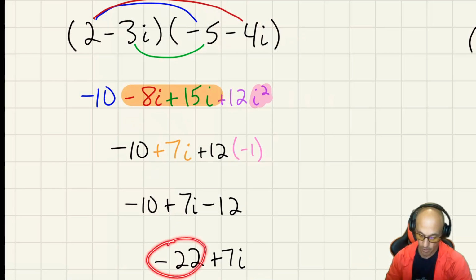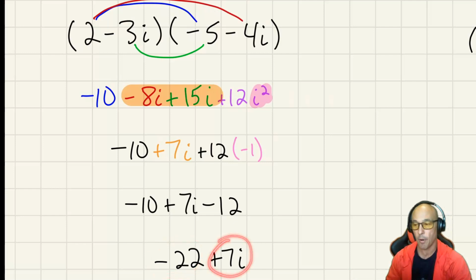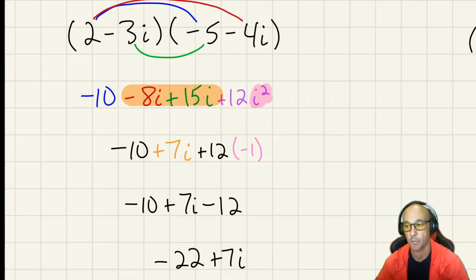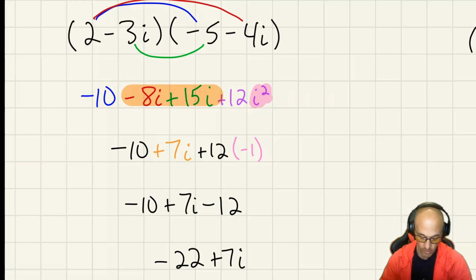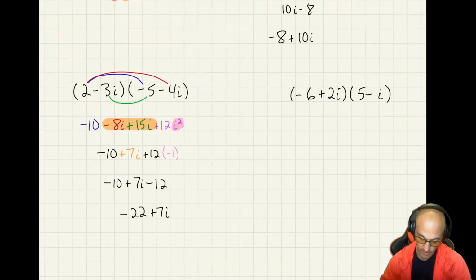There's a real part, there's an imaginary part, there's nothing else we can do to simplify it. All right. Anything else on that one first? All right. So I want to talk a little bit about this i squared then.